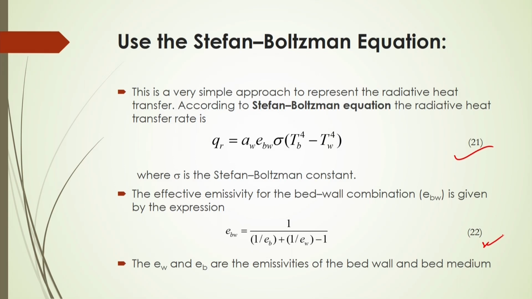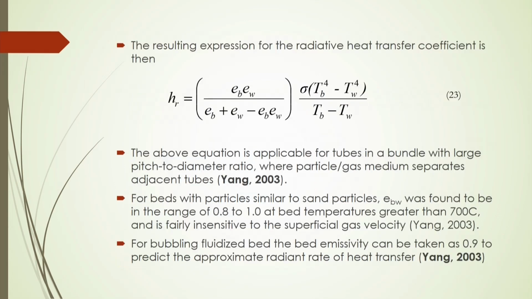Here E w and E b are the emissivities of the bed wall and the bed medium. The resulting expression for the radiative heat transfer coefficient is then H r, which will be equal to the fraction given in equation number 23.